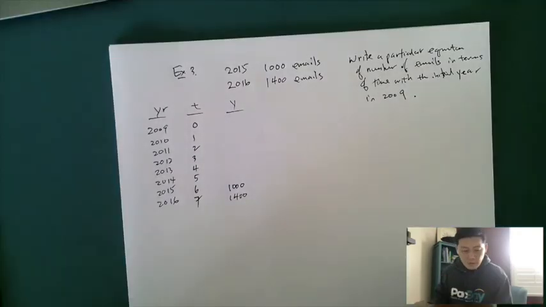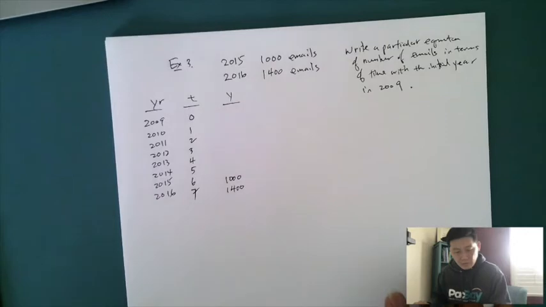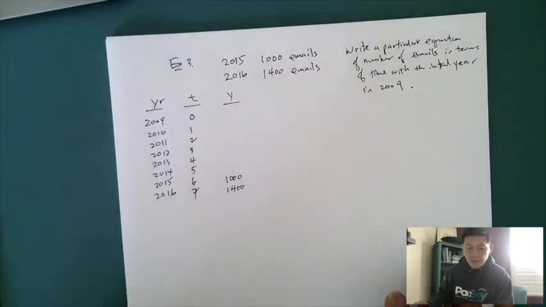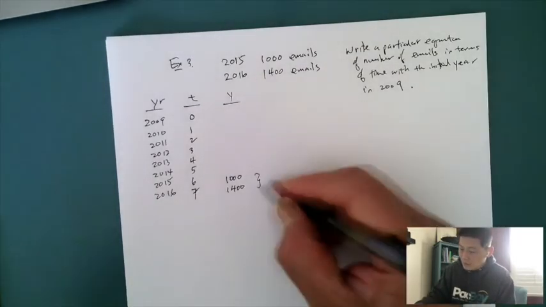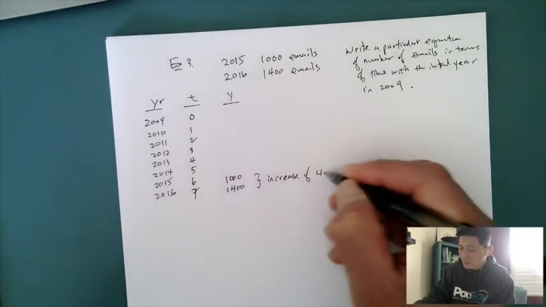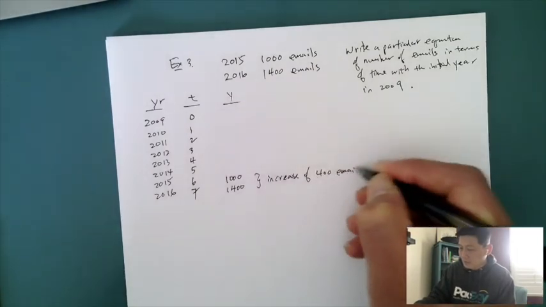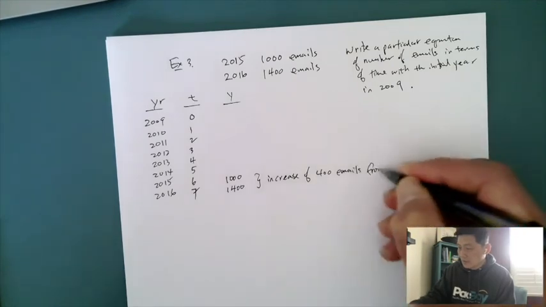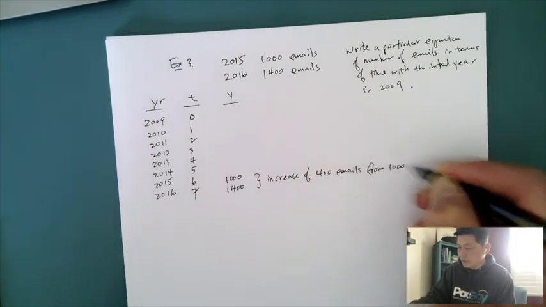So now I need to figure out what's the rate, right? If you think about it, there's an increase of 400 emails from 1,000 emails.